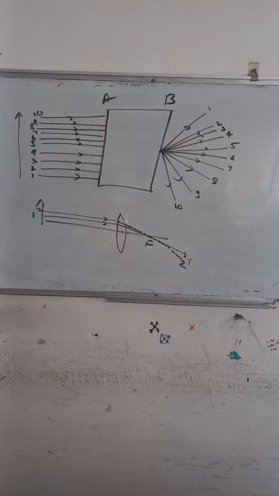Next question: The path of a ray of light coming from air passing through a rectangular glass slab, traced by four students, is shown in figures A, B, C and D. Which one of them is correct?